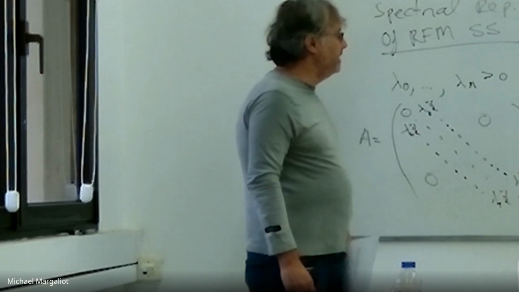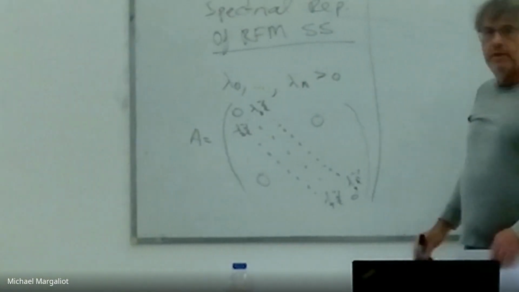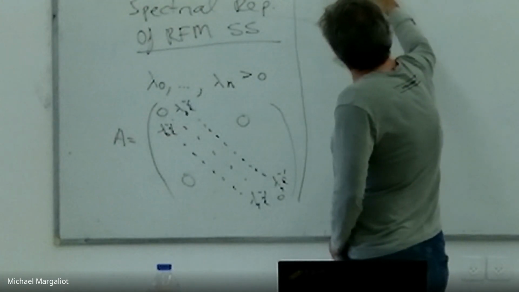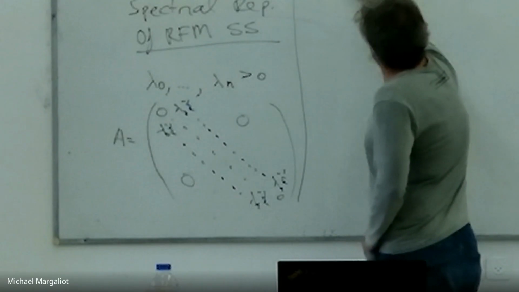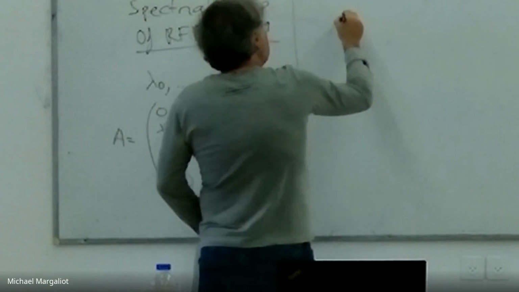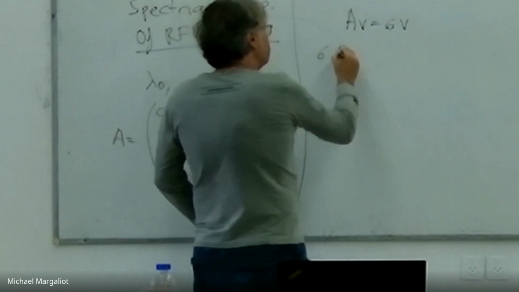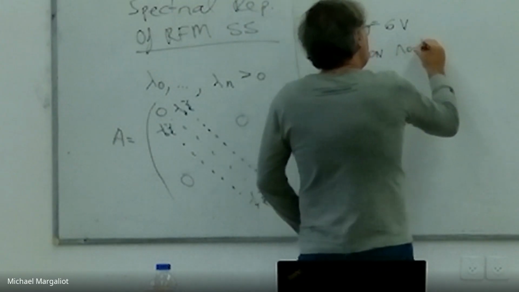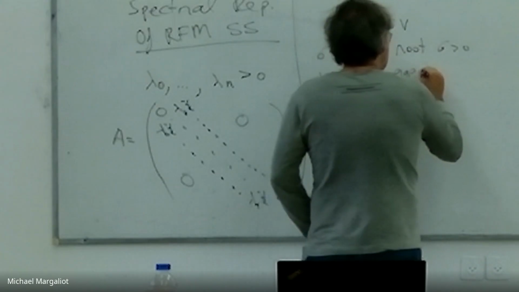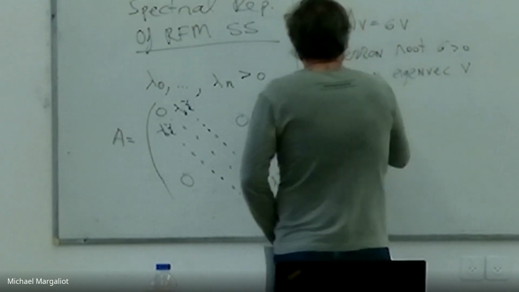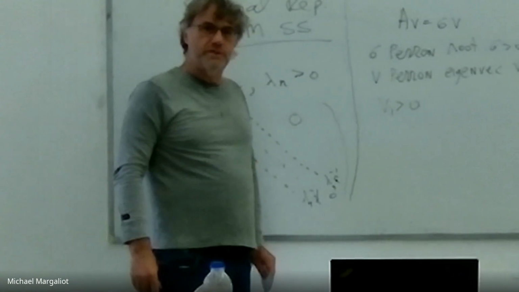And then we take this matrix, and we know from the Perron-Frobenius theorem that there is a Perron root sigma, which is positive, and a Perron eigenvector v with every entry positive, such that Av is equal to sigma v.